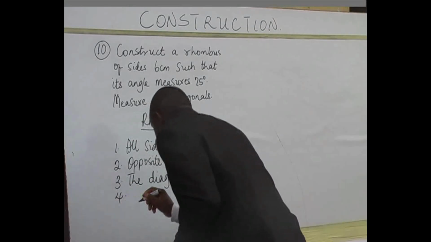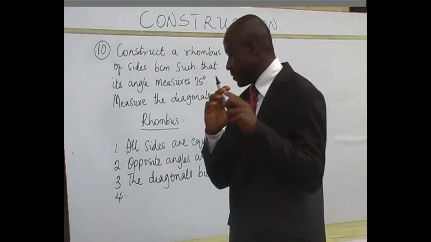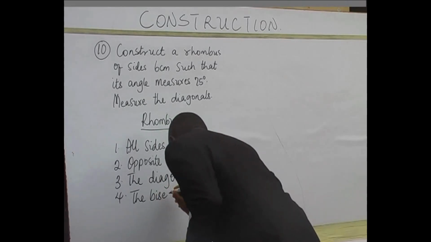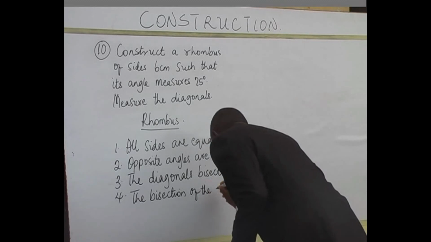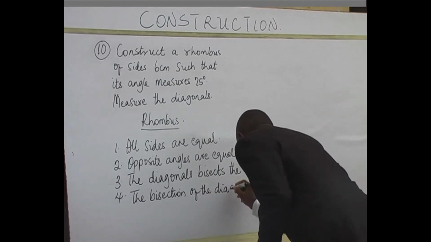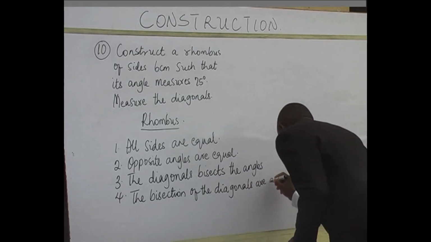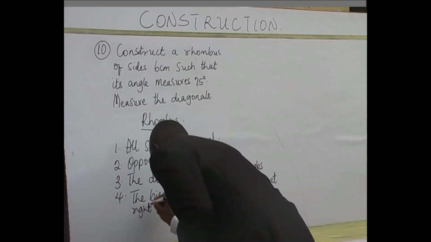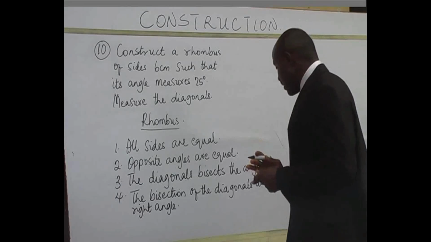Number 4 property is that the bisection of the diagonals are at right angles. The bisection of the diagonals are at right angles.